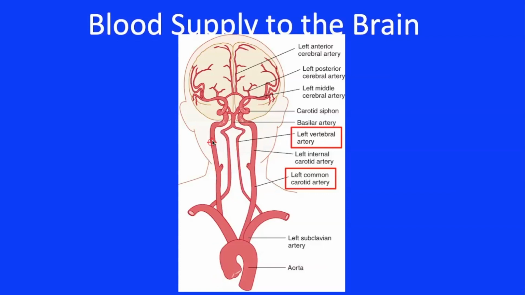The common carotid arteries will give rise to the internal carotid in the neck, and this artery enters the cranium at the carotid canal. Blood from the subclavian enters the vertebral artery, and this artery enters the cranium via the foramen magnum and joins the contralateral vertebral artery to become the basilar artery.